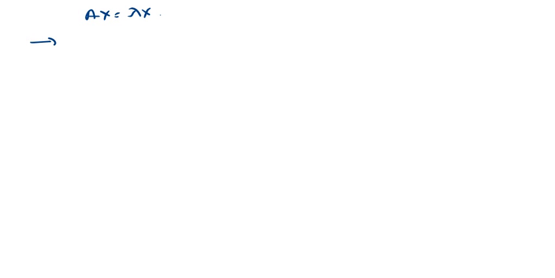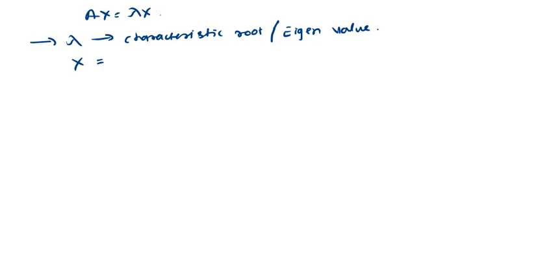In this equation A x equals lambda x, we call the scalar lambda the characteristic root of the given matrix A. This is also called an eigenvalue of the matrix A. This x is called the characteristic vector, which is also called an eigenvector.